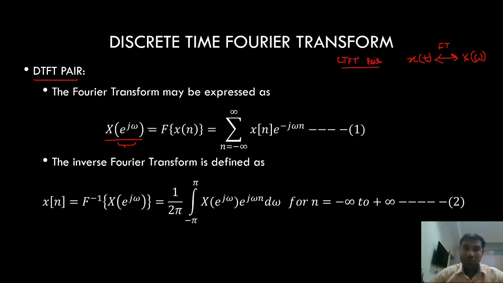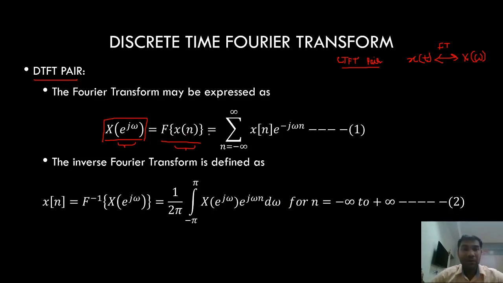Both are functions of omega. Now that is equal to the Fourier transform of x of n, the discrete time signal.